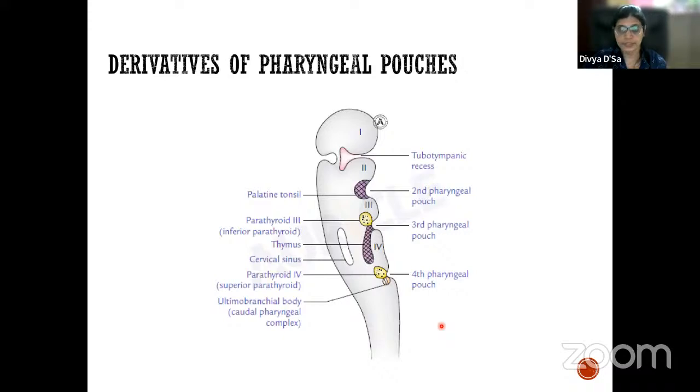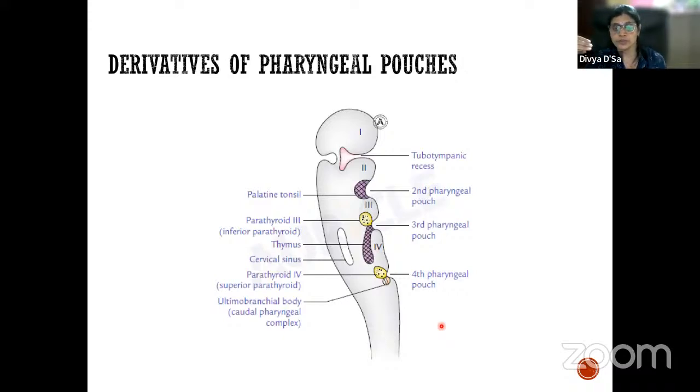Okay, so that is the pharyngeal pouch. First pouch, the tubotympanic recess. The narrowed part forms the auditory tube, and the dilated part forms the middle ear cavity. Second pouch forms the palatine tonsil. Third pouch forms thymus as well as the parathyroid 3 or inferior parathyroid.